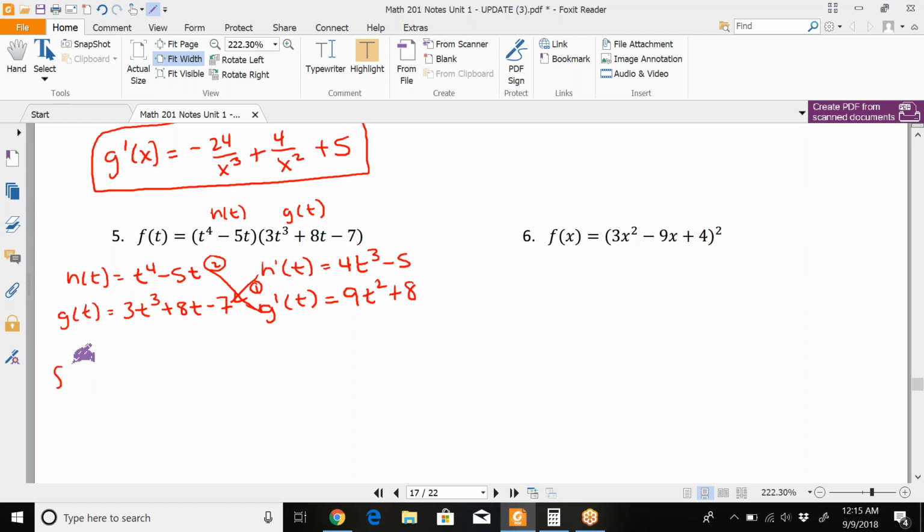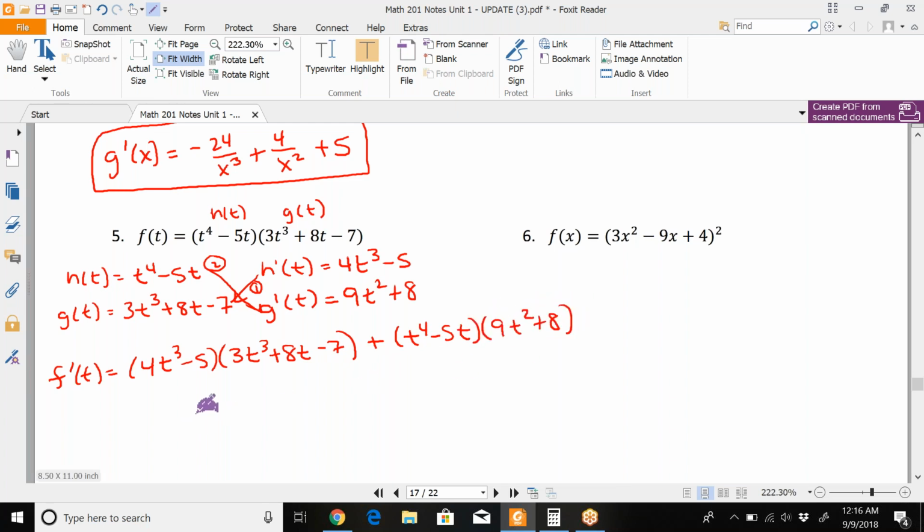So my f prime of t using our product rule is 4t cubed minus 5 times the 3t cubed plus 8t minus 7 plus t to the fourth minus 5t times 9t squared plus 8. Now these are the ones where the polynomials are not as fun to do because you get a lot of distributive property here.